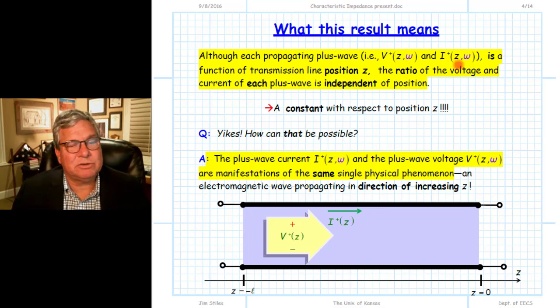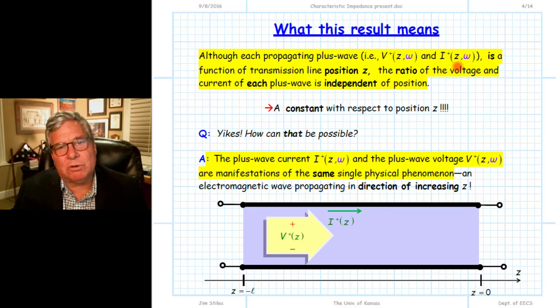Now, since each of these two terms depends on the same function of z, e to the minus j beta z, it's probably not a surprise that the ratio will be independent of z, since those two functions cancel out.